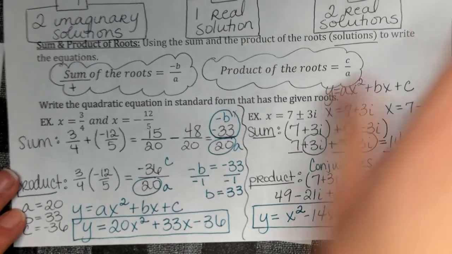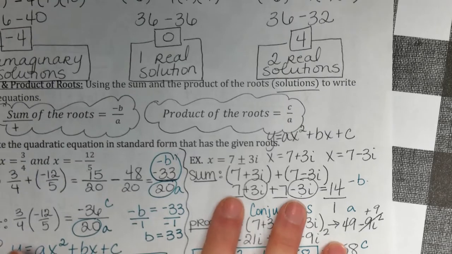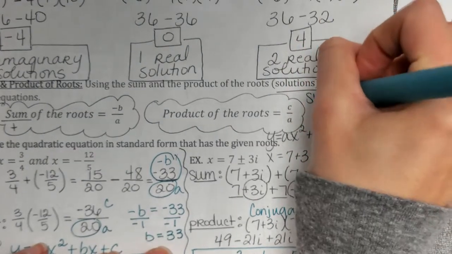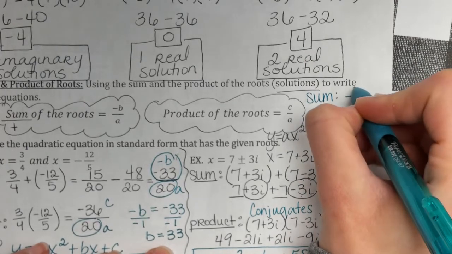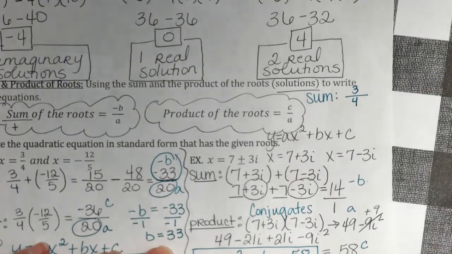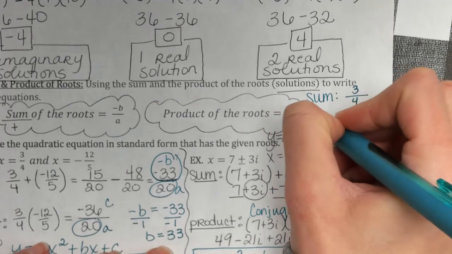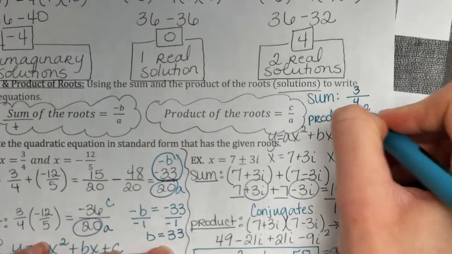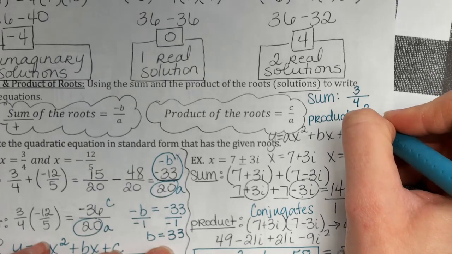Okay. Now I want to emphasize what I was saying earlier. If you're doing something like you get 3 over 4 for your sum, but your product is 2 over 3.